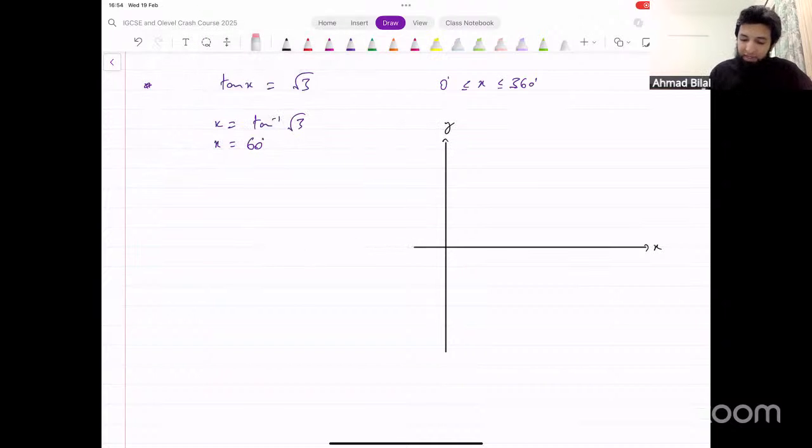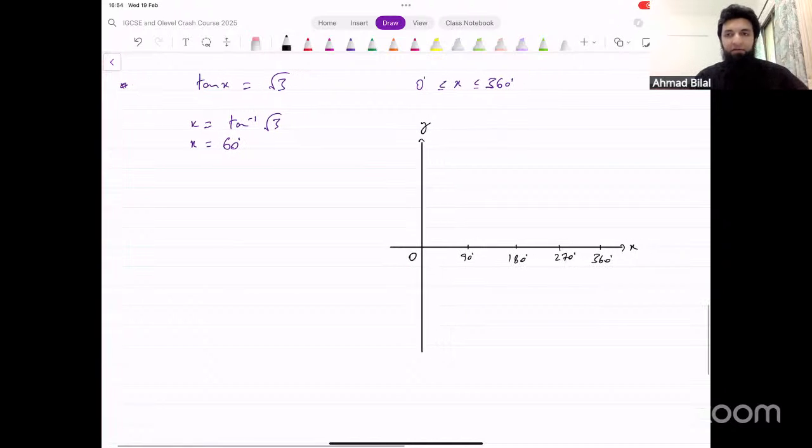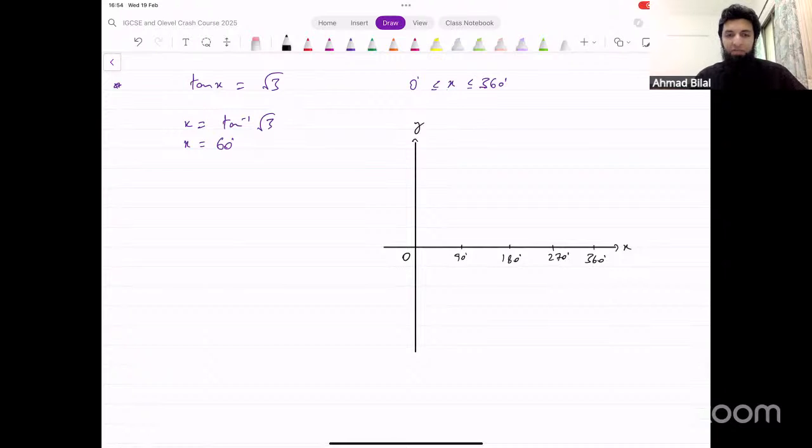What does the tan graph look like? Starts from 0, goes to 360. In the middle, you've got 180. Then you have 90 here and 270 here. Now remember what the tan graph looks like. It's undefined at 90 and 270. Do not forget that. Tan graph is undefined at 90 and at 270.